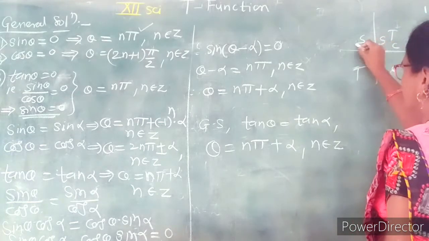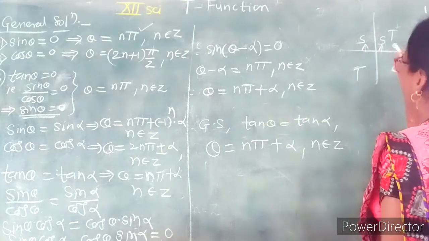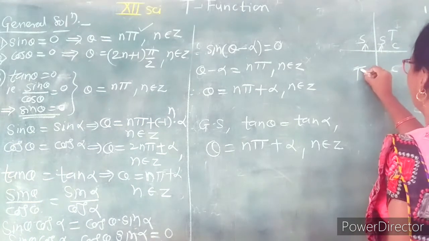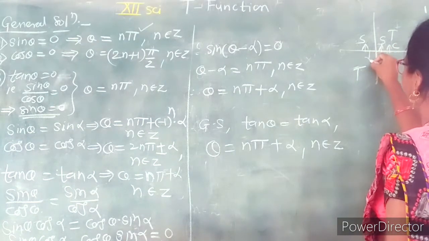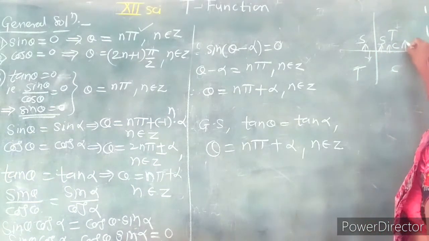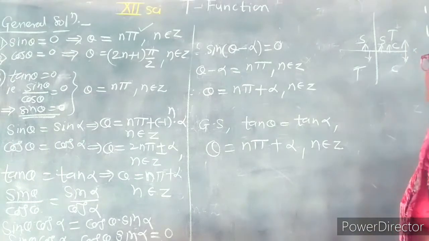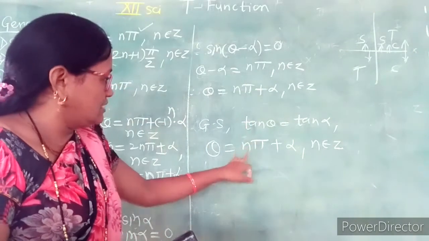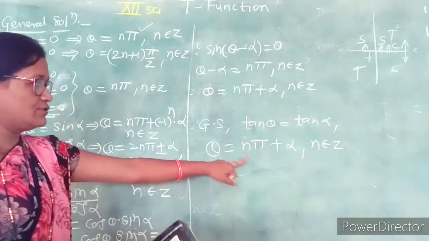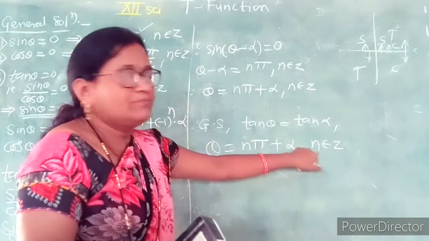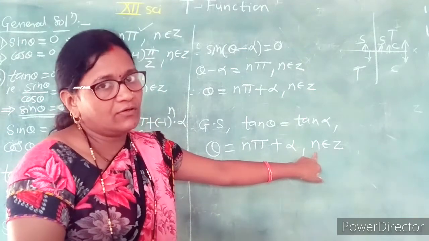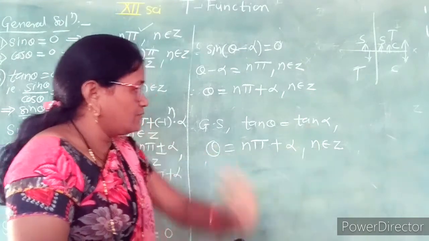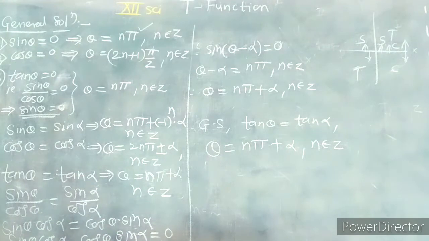For sin we take 2 n pi plus and pi minus, for tan we take 2 n pi plus and pi plus, for cosine we take 2 n pi plus and 2 n pi minus. You take the solution with the help of this. Only here, for the general solution, the angle can be measured clockwise or anti-clockwise. Therefore we take here n belongs to Z.